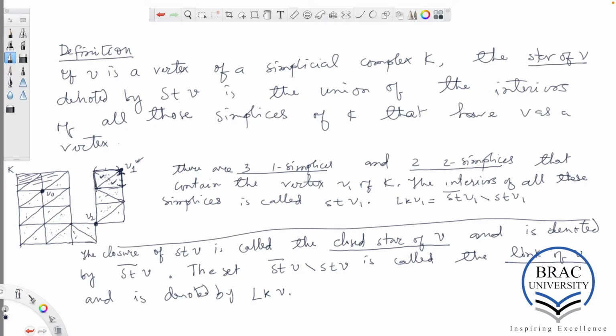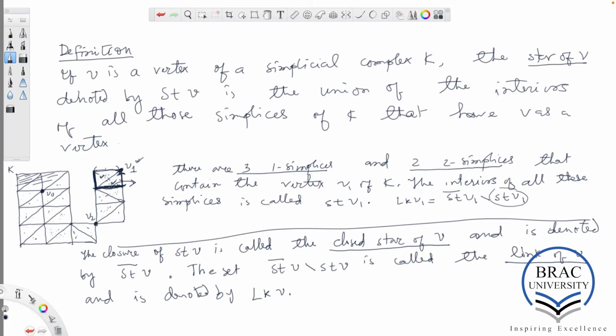Which is this L-shaped boundary, okay, this guy. If I subtract the set ST of V1, which is the union of the interiors of these five simplices, from the closed star of V1, which is the whole region.